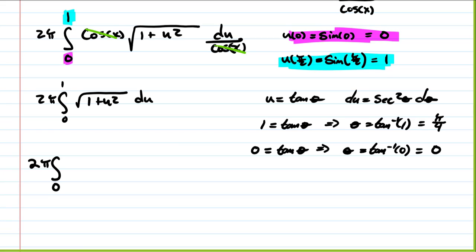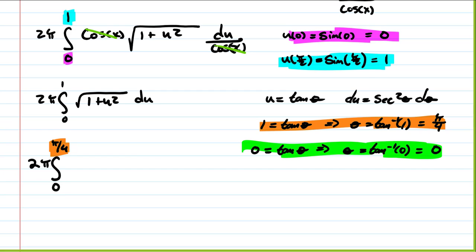Our lower limit of integration is still 0, but our upper limit of integration is now pi over 4, because we made another substitution. And then we have the square root of 1 plus u squared is tangent squared theta times du, which is secant squared theta d theta.